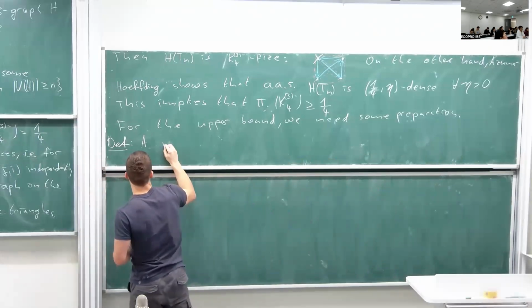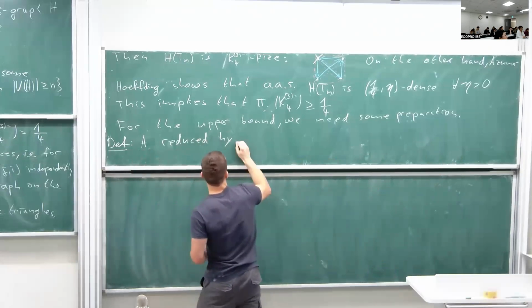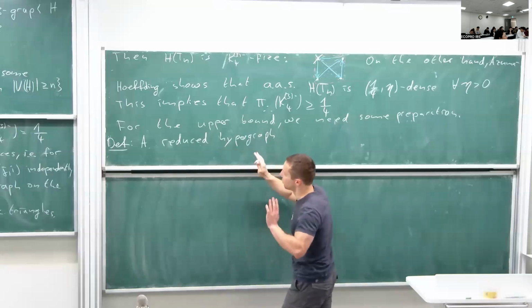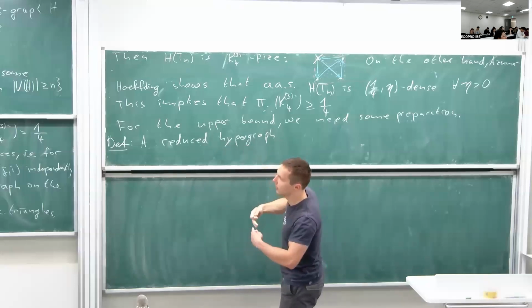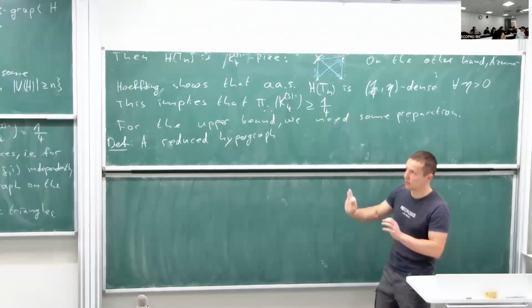The reduced hypergraph, and again, this is in principle a reduced 3 graph for us, and one can think of those in larger uniformities as well. But for today, we'll just stay in the 3 uniform world.